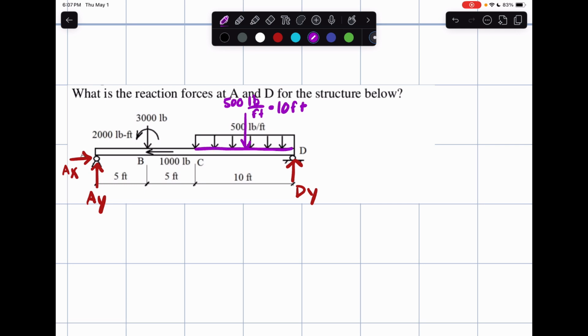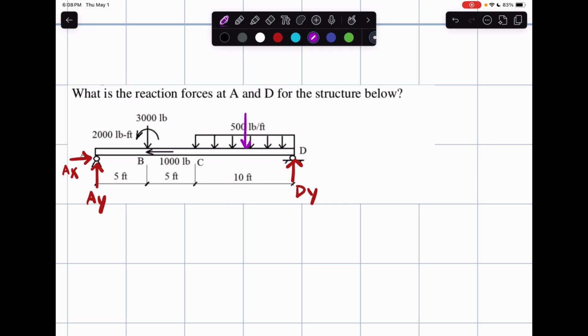So this distance here multiplied by this force here, it's going to cancel out our feet and give us that concentrated force, which is going to be 5,000 pounds. So I'm just going to erase my math here a little bit, clean it up.